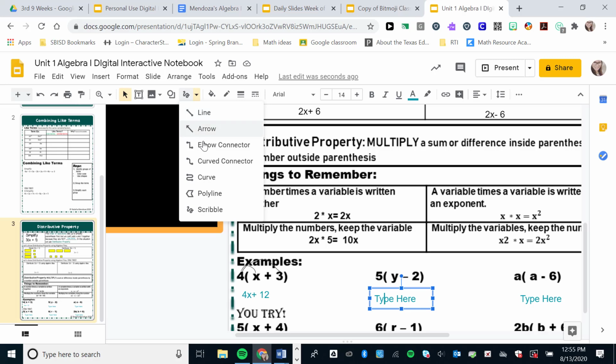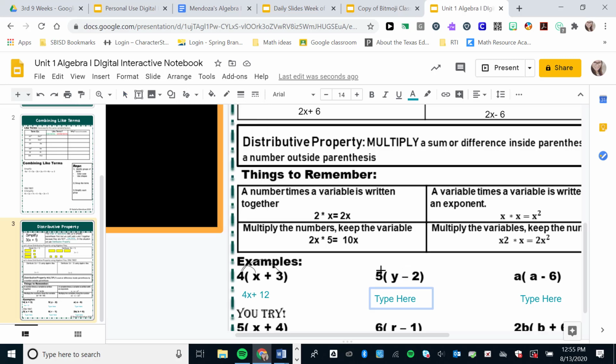So I have 5 times y, that's the same as 5y. And then 5 times negative 2 is the same as minus 10. Okay, so we don't do plus negative anymore. That's a 6th grade thing. You should write it as minus 10.